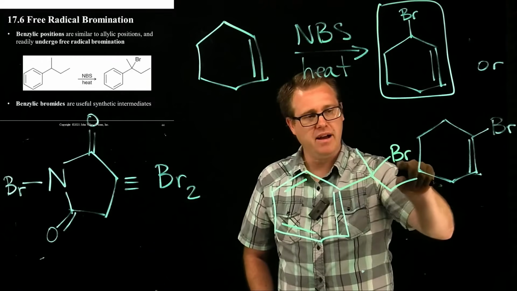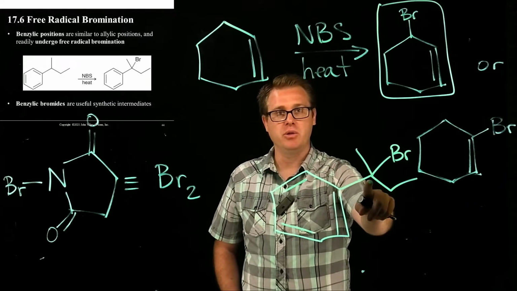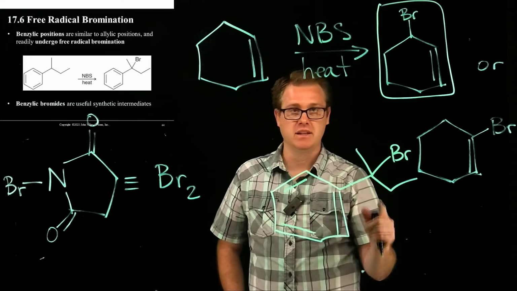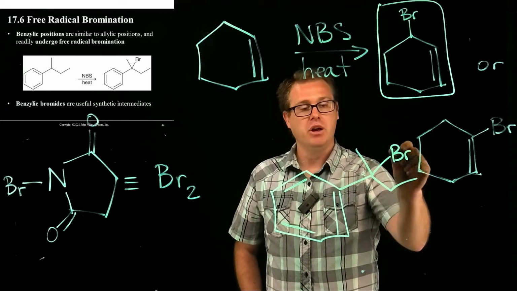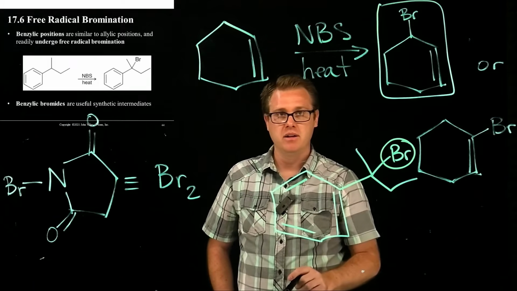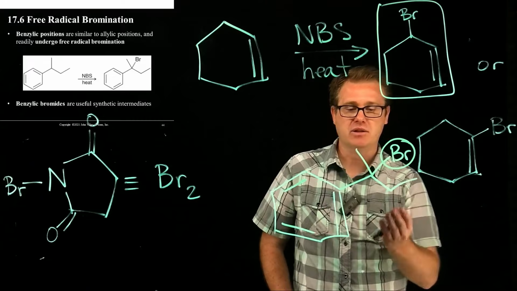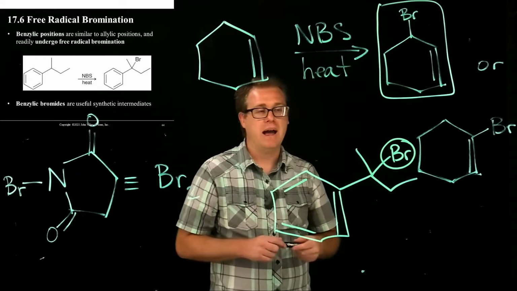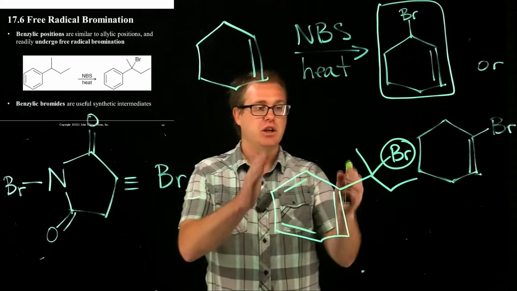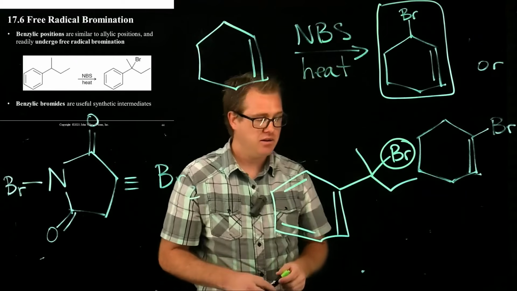Because now you have a bromine on the benzylic carbon, and now you can do SN1, SN2, E1, and E2 reactions. What's happening is we're putting a group on there so that we can do additional reactions. That's why this reaction is so powerful, because it gives us useful intermediates in a synthetic route.